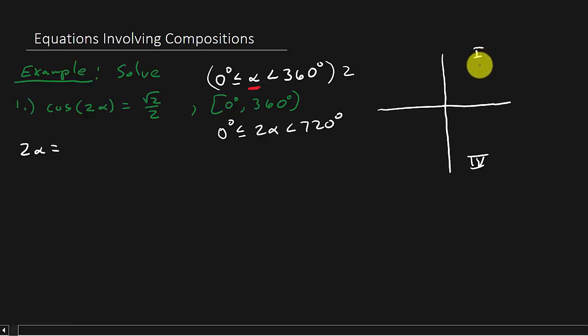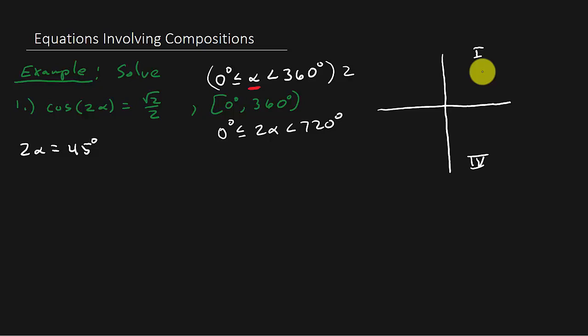So the cosine of what is 45 degrees? I'm sorry, the cosine of what is square root of 2 over 2? I was thinking of the answer in my head. Well, that's what? 45 degrees, right? That's one of my solutions. That's my solution in the first quadrant, but it's also a reference angle.